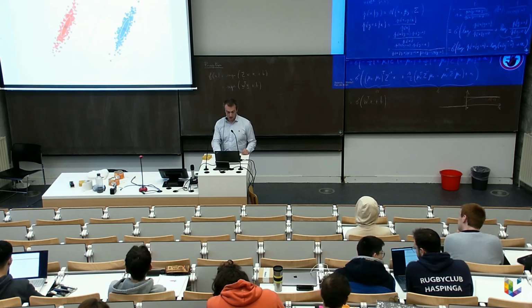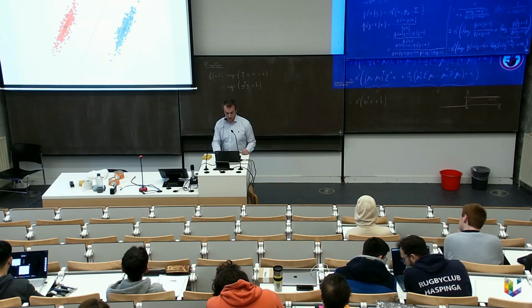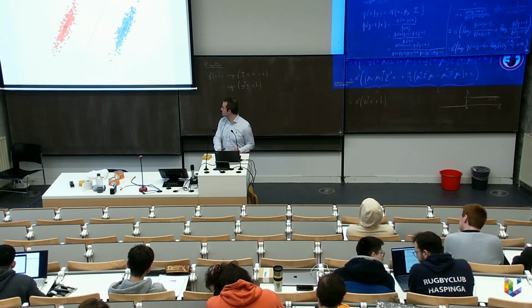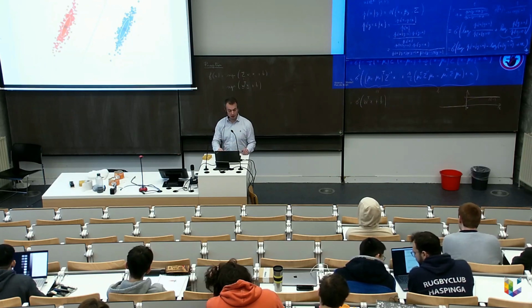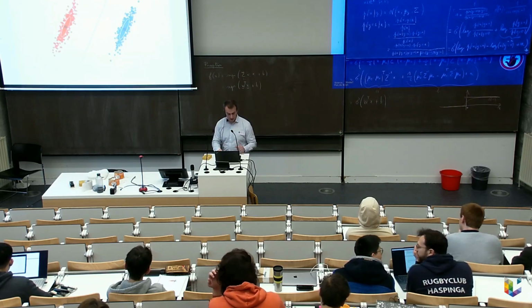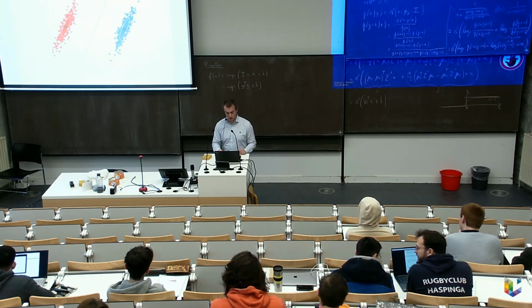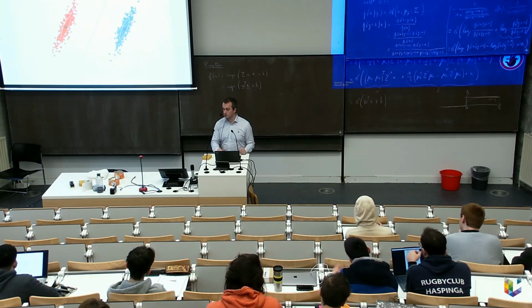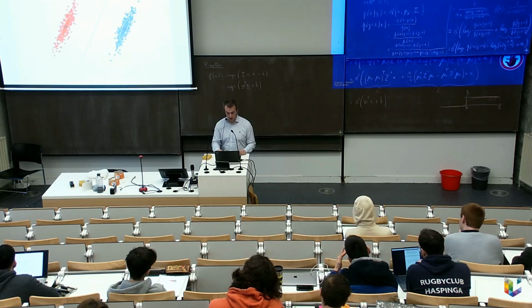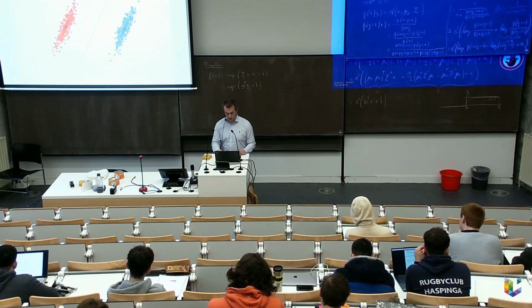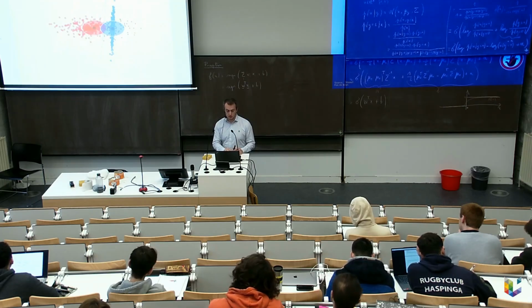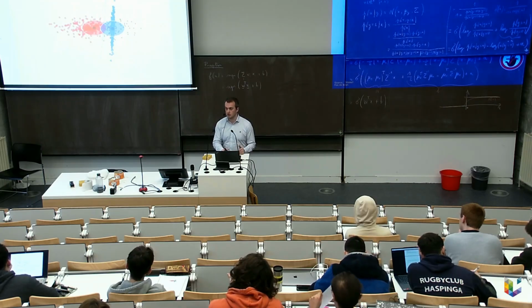If we had, for example, this setting, we would have a much better result, because in this case the two blobs are clearly of the same covariance. They do not overlap, and so you would not be making any wrong predictions. What is also interesting is what would happen if our assumptions are obviously wrong.